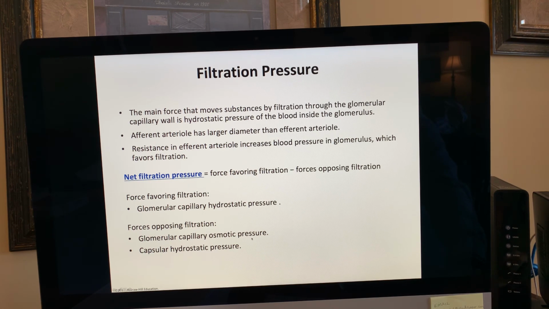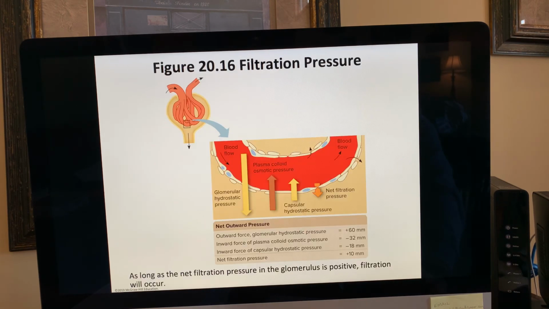And that's mainly the osmotic pressure of those proteins and cells that cannot get through, that pull water and water-like material back. Also, as fluid enters the glomerular capsule, you can get a hydrostatic pressure in the capsule that can push fluid back.